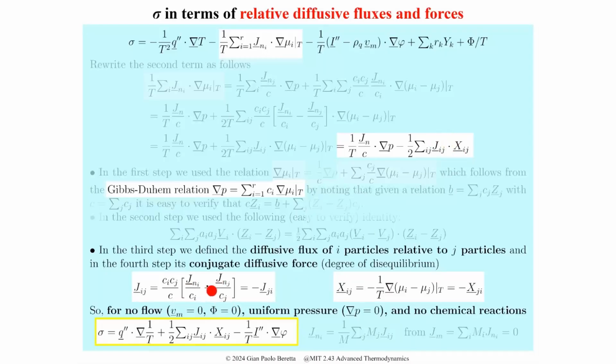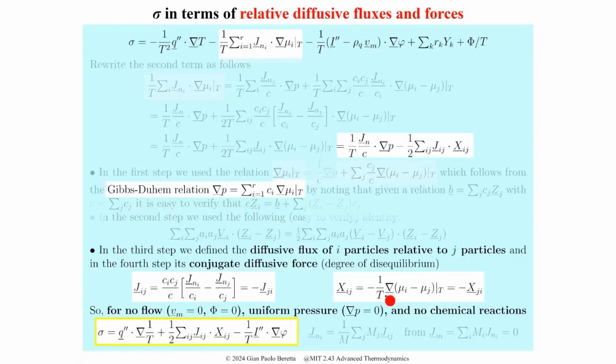These are differences between fluxes of pairs of constituents that are present in our system. And they go together, so the conjugated forces to these diffusive relative fluxes, we could call them diffusive relative forces, are given by the difference in the gradients of the chemical potentials of the same two kinds of particles.